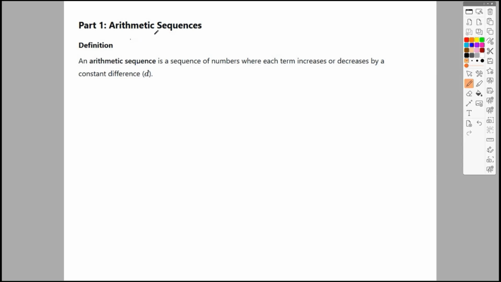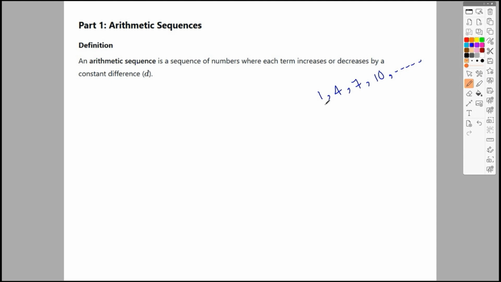So first we need to learn arithmetic sequences. An arithmetic sequence is a sequence of numbers where each term increases or decreases by a constant difference d. So let's take an example: 1, 4, 7, 10, etc. This is an arithmetic sequence because each time it increases by a constant value.